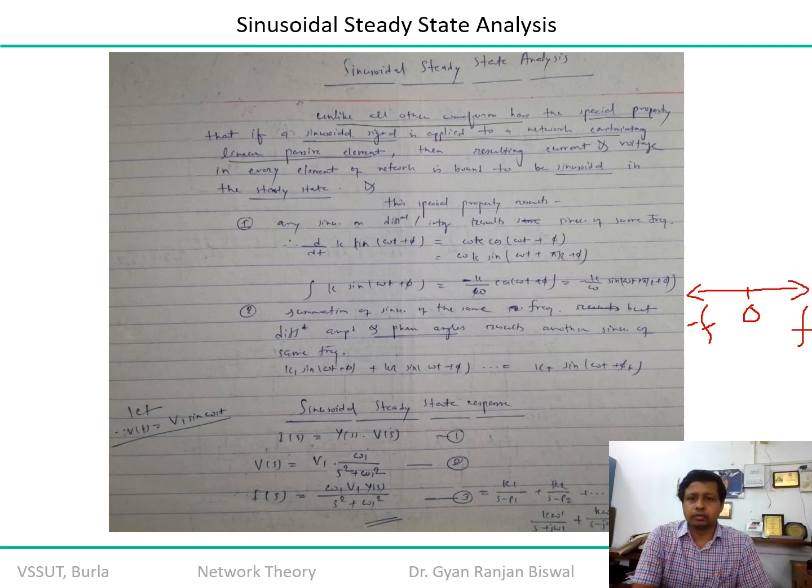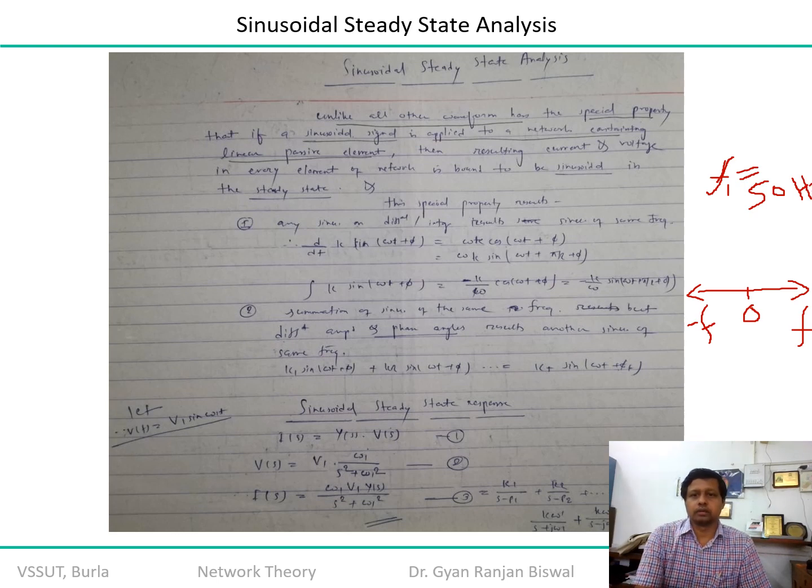Fine. So if you take the perfect sine wave, now let's say that f is operating at f1, the frequency f1. Let's say f1 is 50 hertz, our standard supply frequency available all across the country.